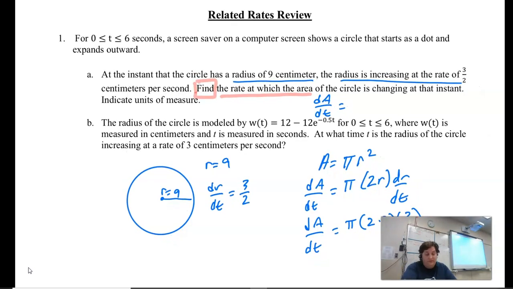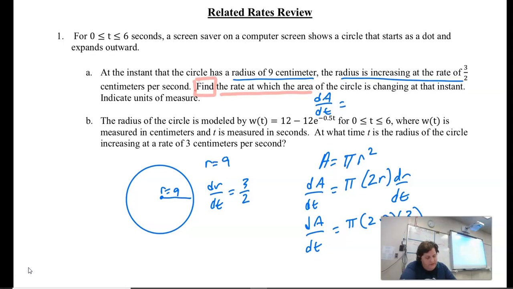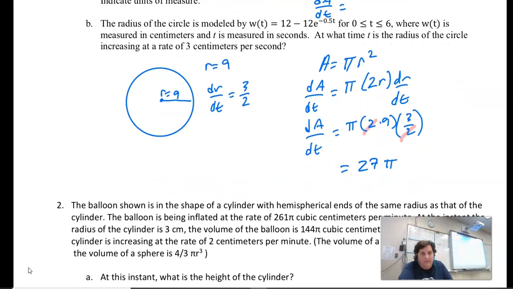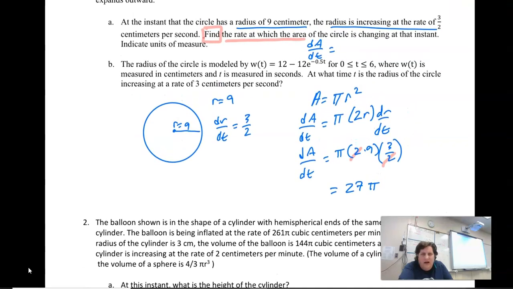I'm pretty sure this is mostly going to be no calculator questions. So don't put your answers as decimals or anything, but you can reduce and do things like that. So this is going to be 27 pi. Now I'm ready to do my units of measure.